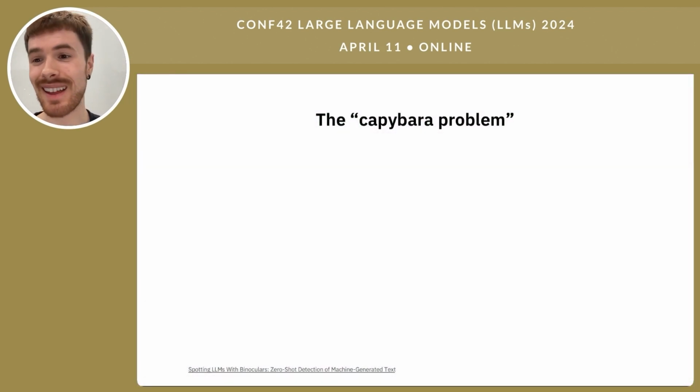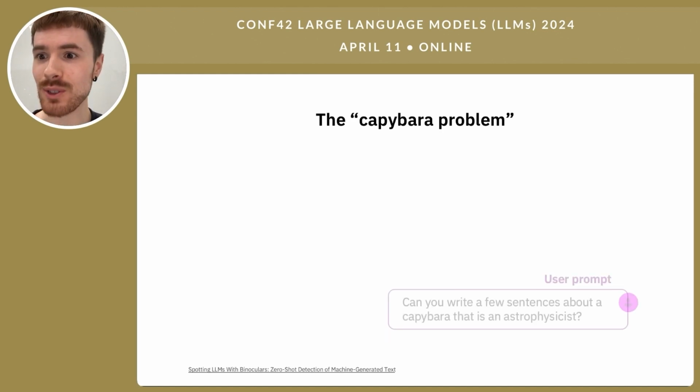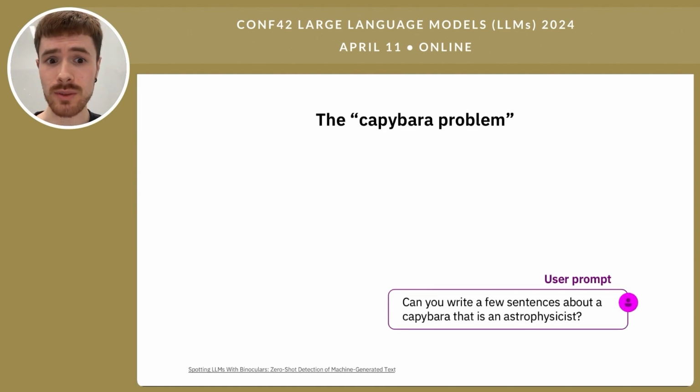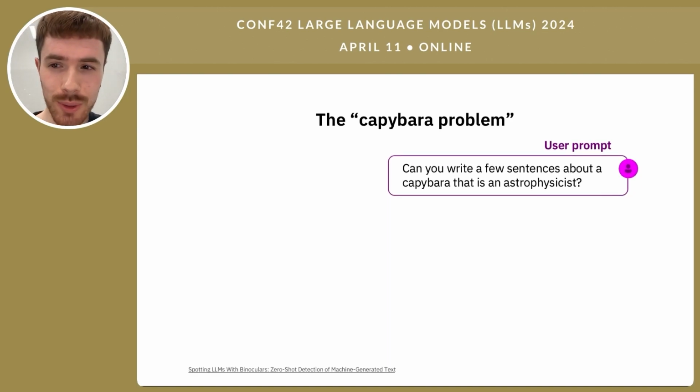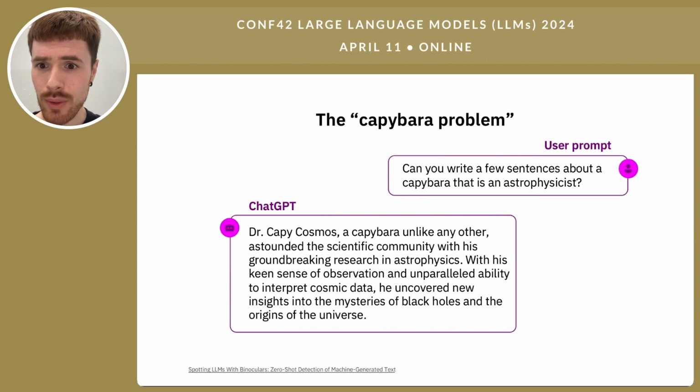And it's a problem, I love this name, the capybara problem. I didn't come up with it, but I think it's a great name to describe something that is really important, which is that if I go to ChatGPT and I ask ChatGPT about something rather strange, something that people don't usually speak about, like in this case a capybara that is an astrophysicist, of course I will get an answer about a capybara that is an astrophysicist.